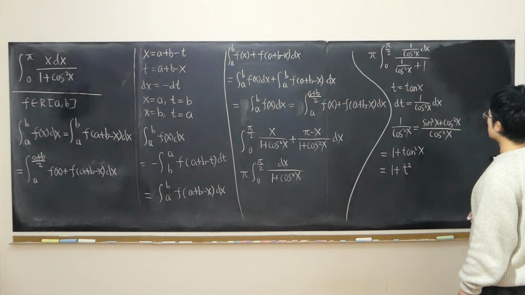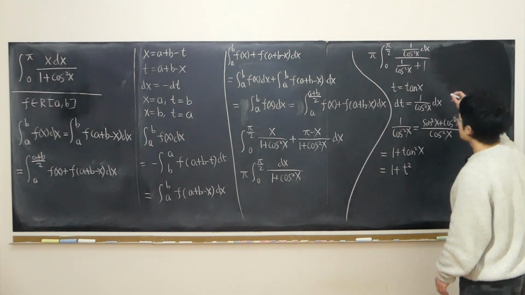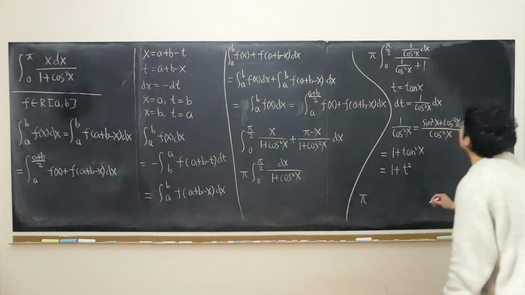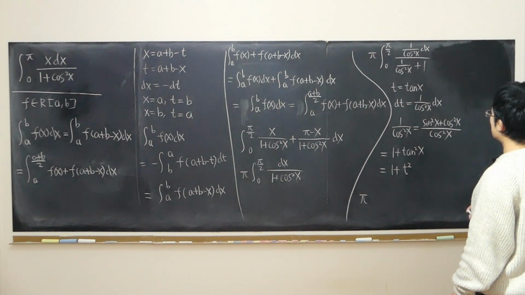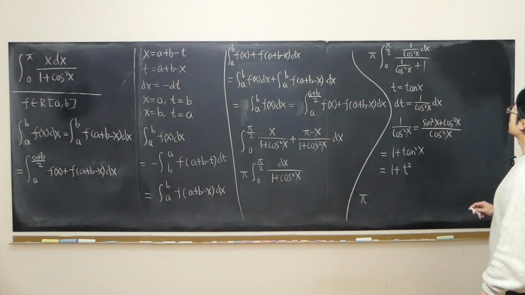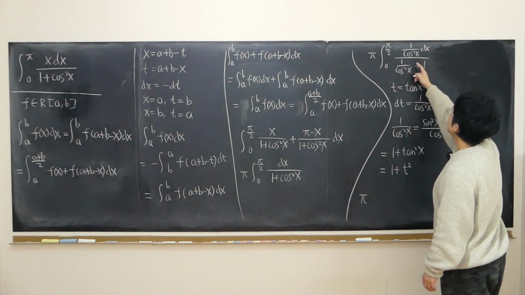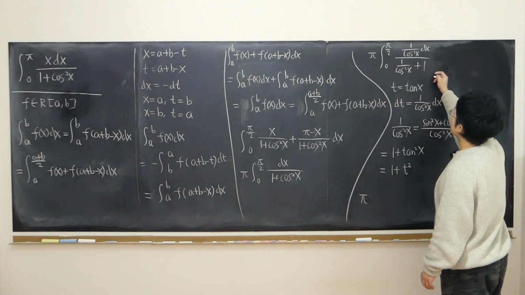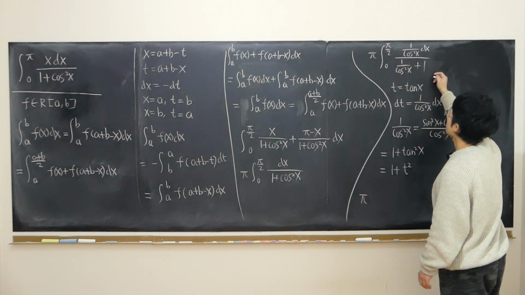Now my integral just easily becomes pi times, first of all, since I divide by cosine x, therefore cosine x cannot be 0, and x cannot be half pi, but it can approach half pi. Right?